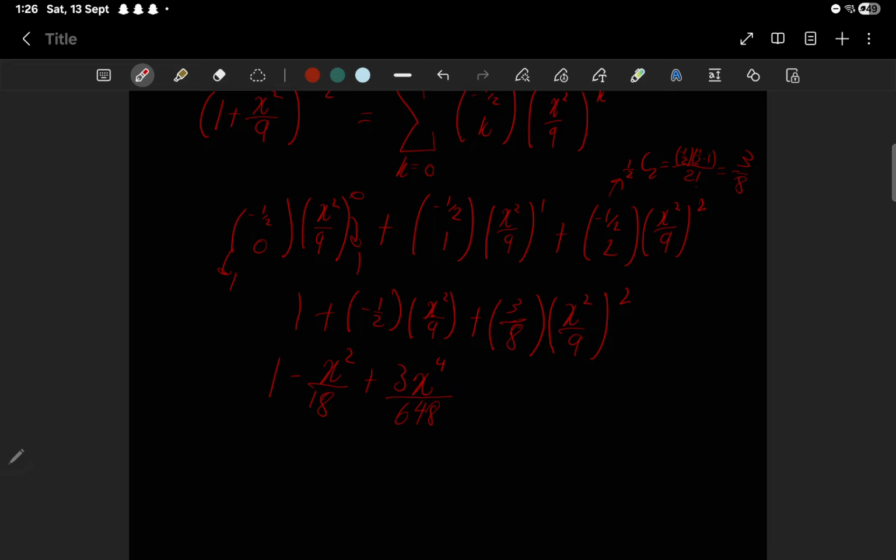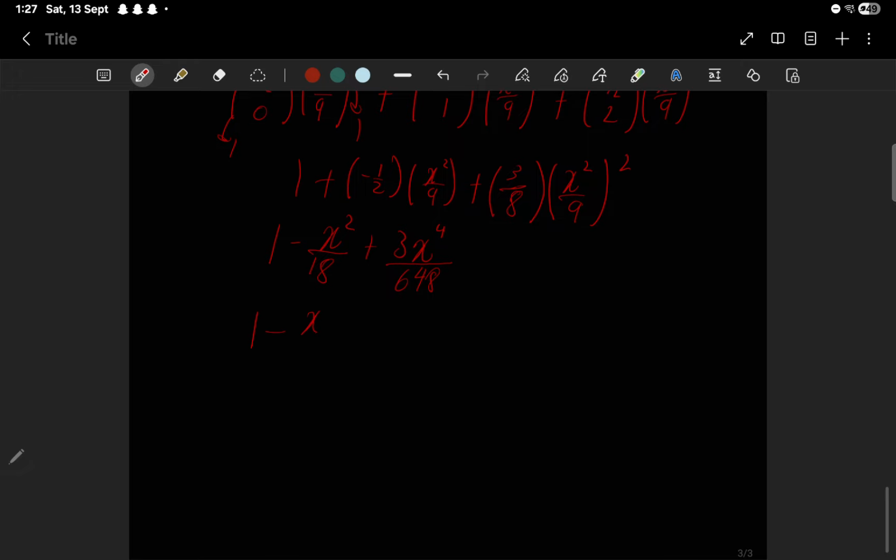Can this be simplified? 648 divided by 3. It can, yeah. So it's going to be 1 minus x squared over 18 plus x to the power of 4 over 216. I divided by 3 on both sides.